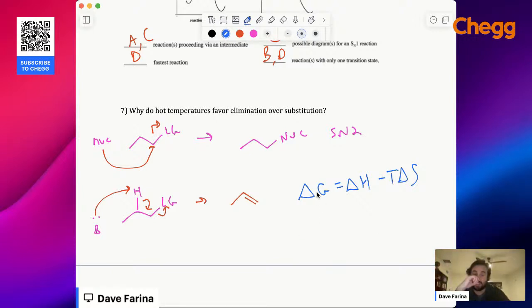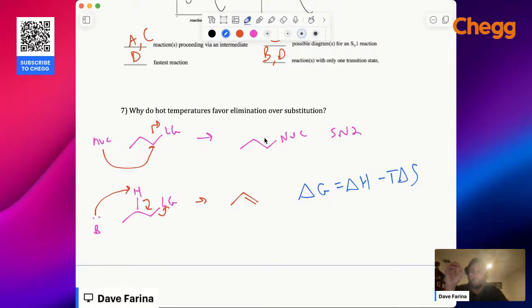If delta G is positive, it is non-spontaneous or endergonic. Delta H is enthalpy, which is basically the change in energy if it were at constant pressure. So it's exothermic if it is negative and releasing energy. If it is positive, it is endothermic, it is absorbing energy. T is the temperature, in Kelvin, and delta S is the change in entropy. Change in entropy is measuring the dispersal of matter and energy in the system.